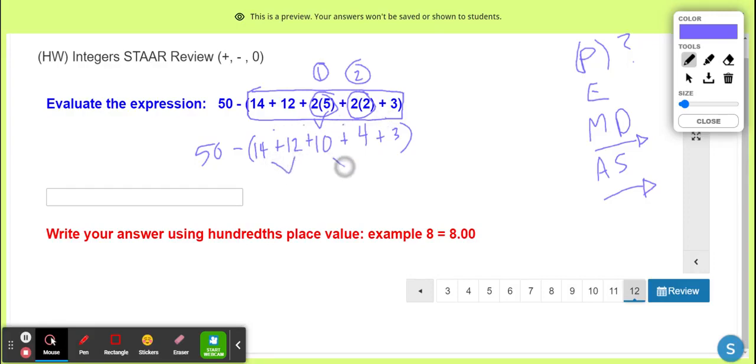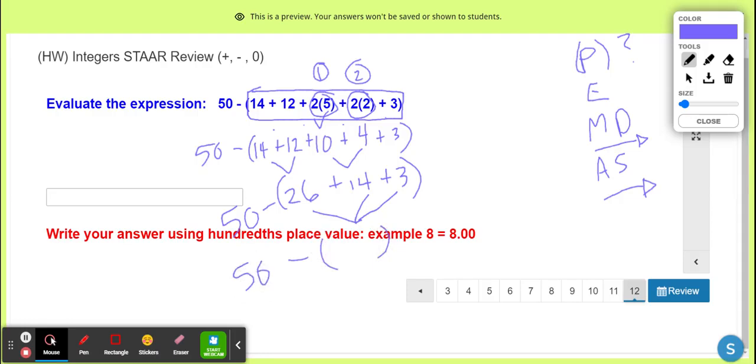That's going to give us 26 plus 14 plus 3. Rewriting this, we got 50 minus all of this. The last thing you're going to do is 50 minus this.